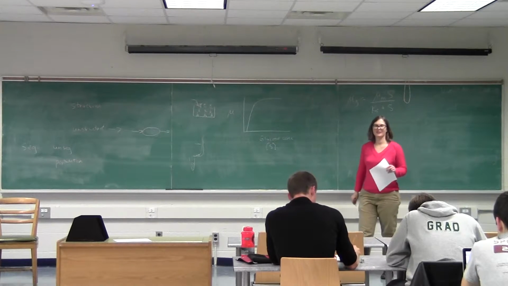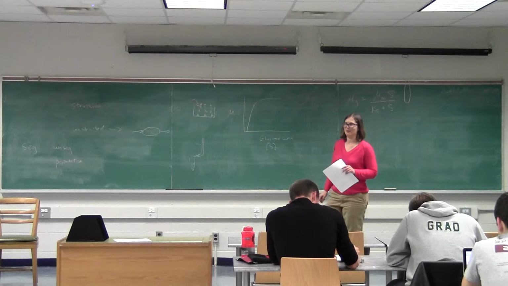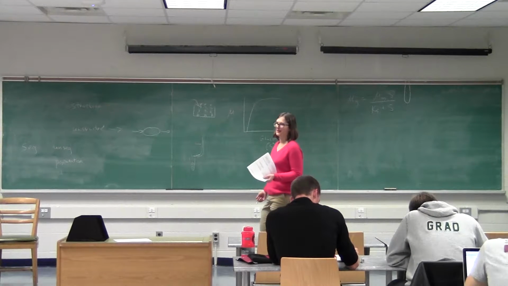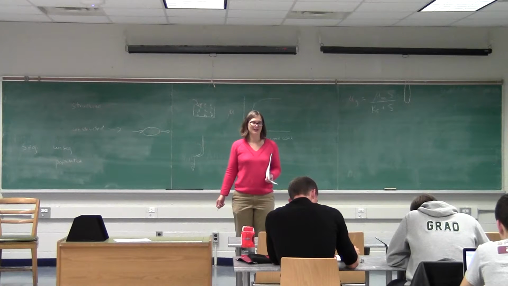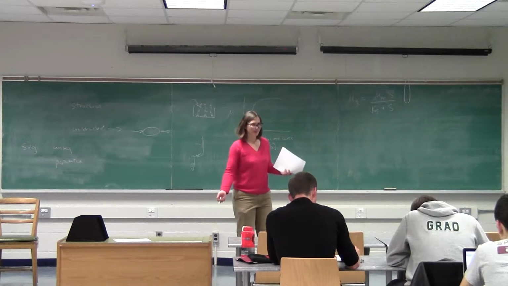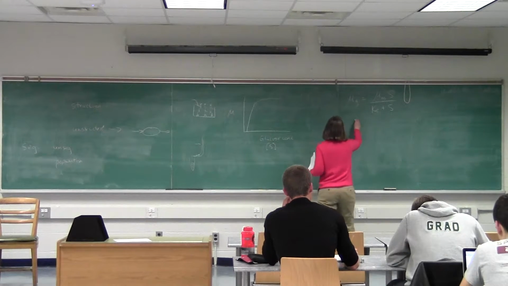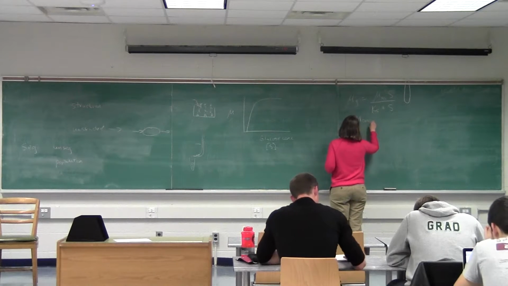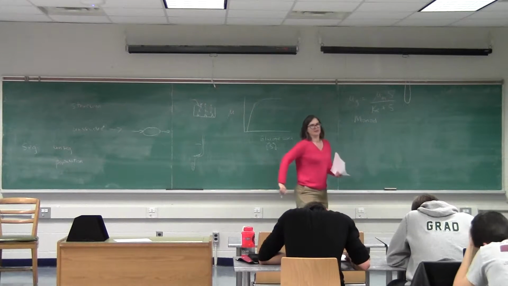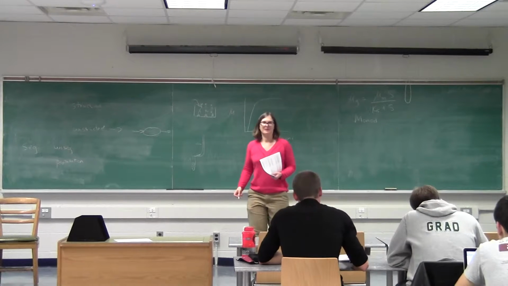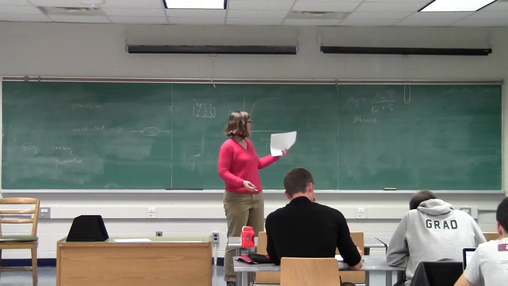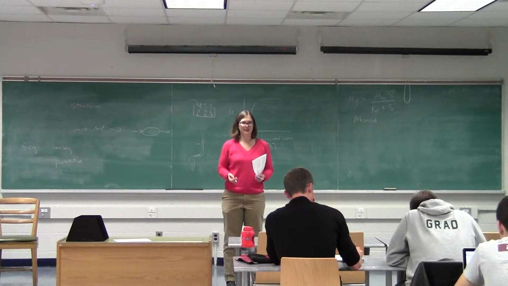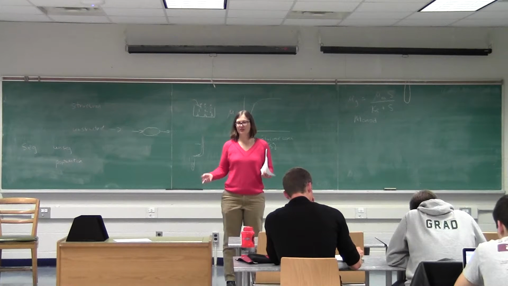Looks familiar, right? I don't know if you remember when I was talking about the Michaelis-Menten kinetics, every once in a while I'd have a slip of the tongue and call it Monod kinetics. This is Monod kinetics. So he's the guy who said, gosh, that's a really good model that covers most cell growth.